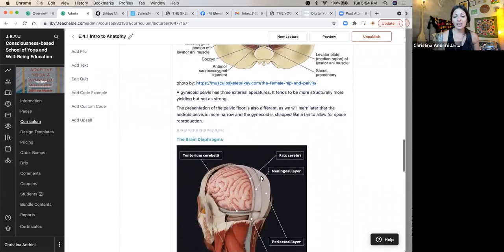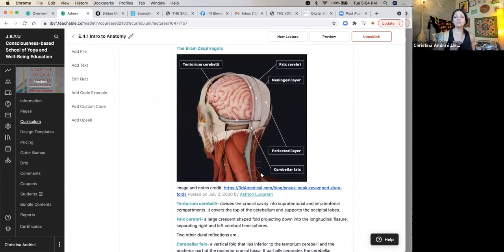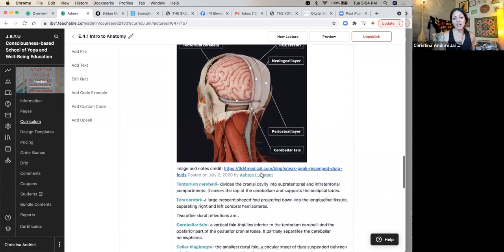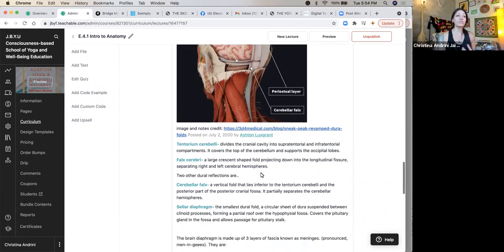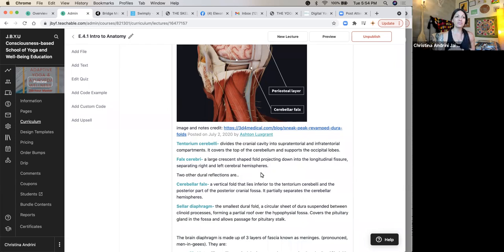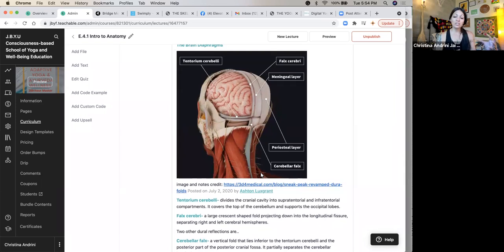Okay, and then we are going to scroll right into the brain diaphragms. We have technically four. I'm highlighting four, but some have only gone over three. We also have what are known as the different sheaths or layers that reside in the brain diaphragm. The tentorium cerebelli divides the cranial cavity into supratentorial and infratentorial compartments.